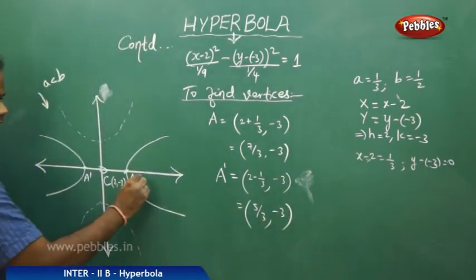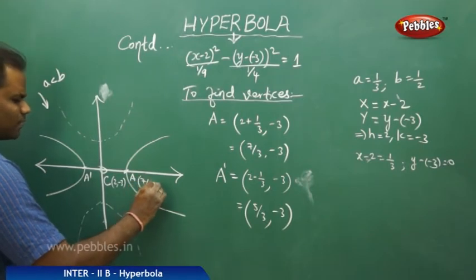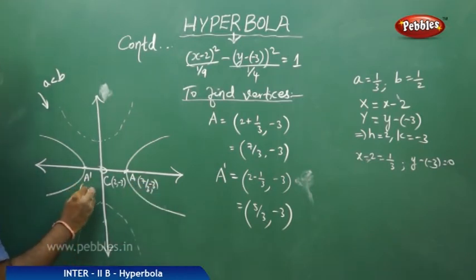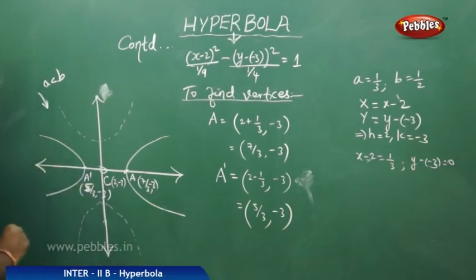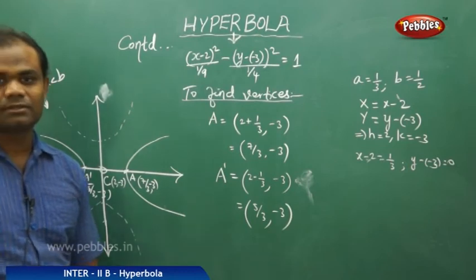So the coordinates of A are 7 over 3, minus 3, and A dash is 5 over 3, minus 3, as the vertices.